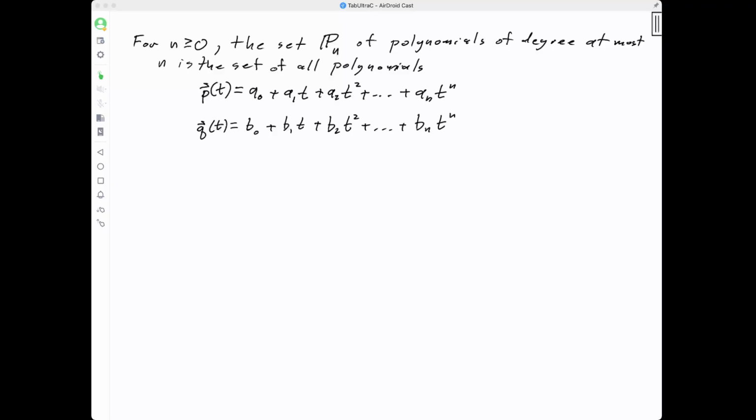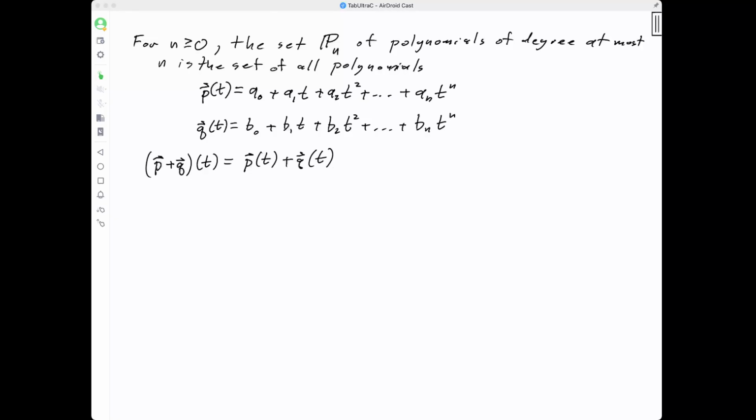And it does not matter, each of these different b's, b0 is a constant, b1 is a constant, b2 is a constant, each of them are some constant. We can define addition of these vectors this way: p plus q evaluated at t, the addition evaluated at t, is equal to p evaluated at t plus q evaluated at t.